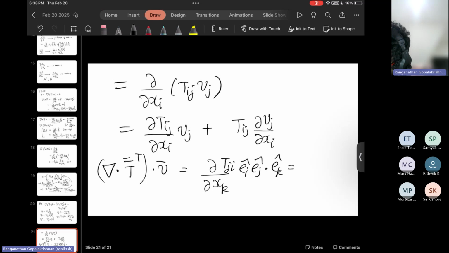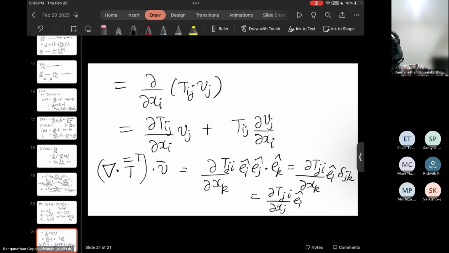So this will be the partial of T_ji with respect to x_k, e_i delta_jk. This is the partial derivative of T_ji with respect to x_j, e_i. Sorry, this is only the divergence of the tensor.